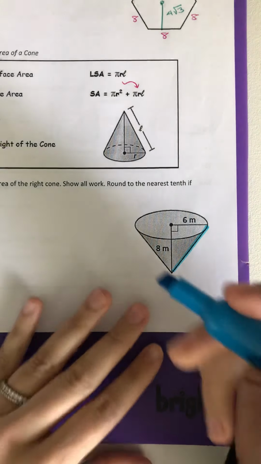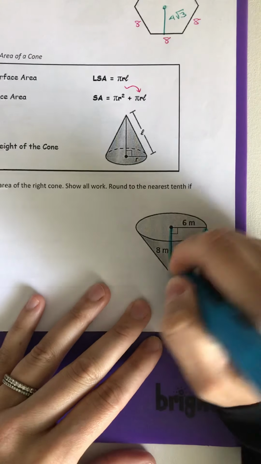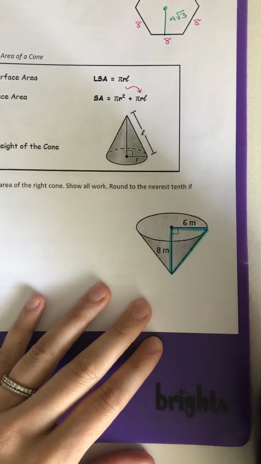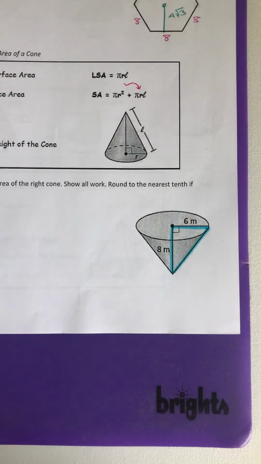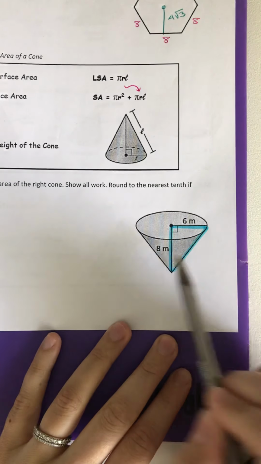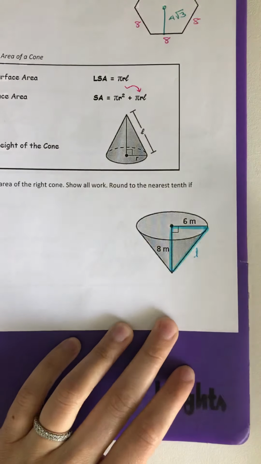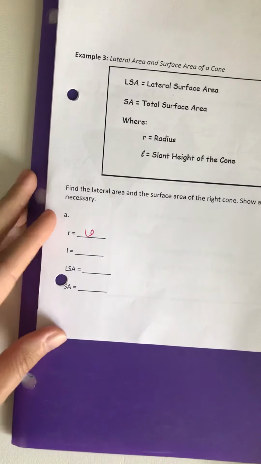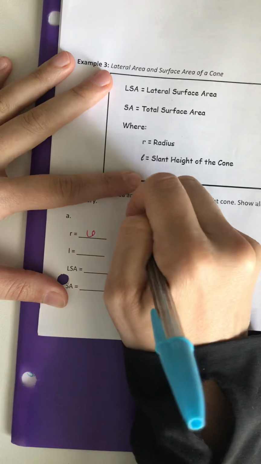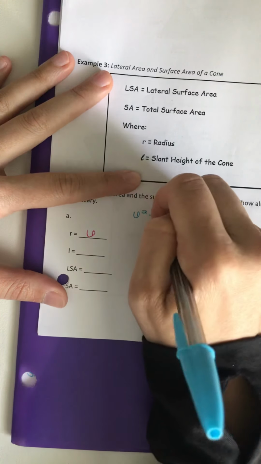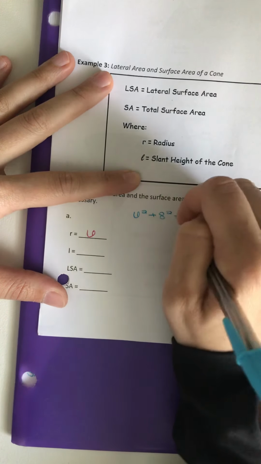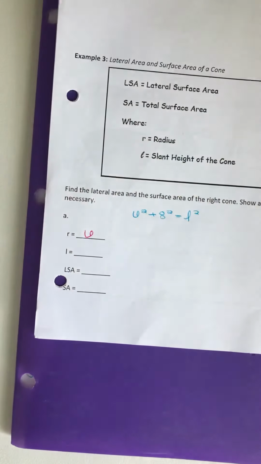So I'm going to look at this as a right triangle, and in order to find L, I'm going to do the Pythagorean theorem. So I have 6 squared plus 8 squared equals my slanted height squared.